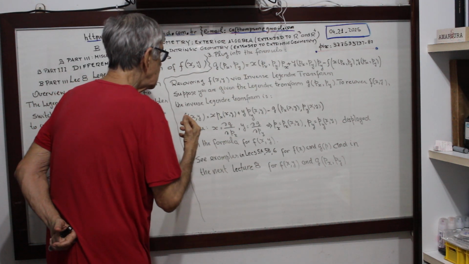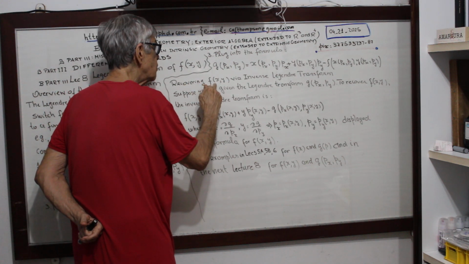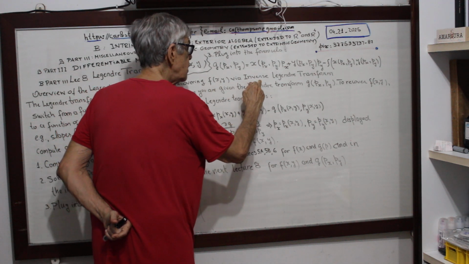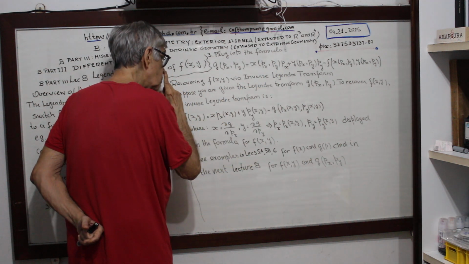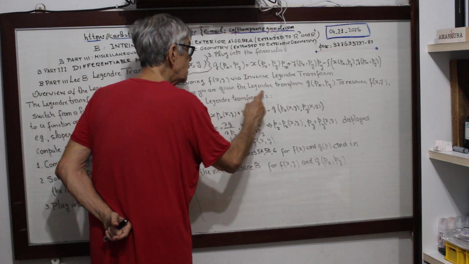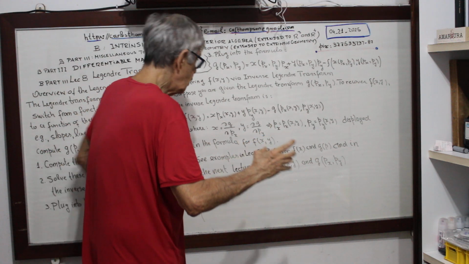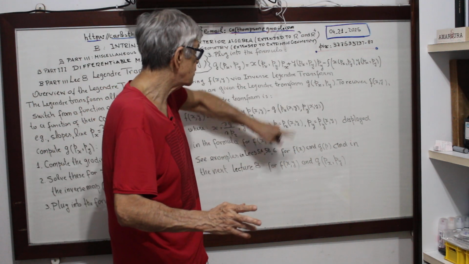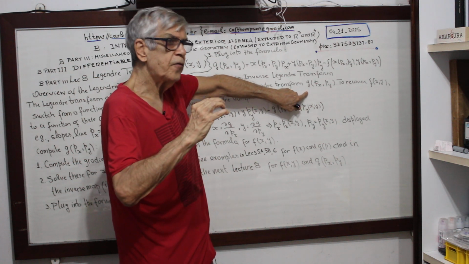Now, next, we can recover the function f of x and y through the inverse Lagrange transform. You have to suppose that you are given the Lagrange transform G. On lectures 5a, 5b, 5c, and 6, G is a function of p, and f is a function of x.